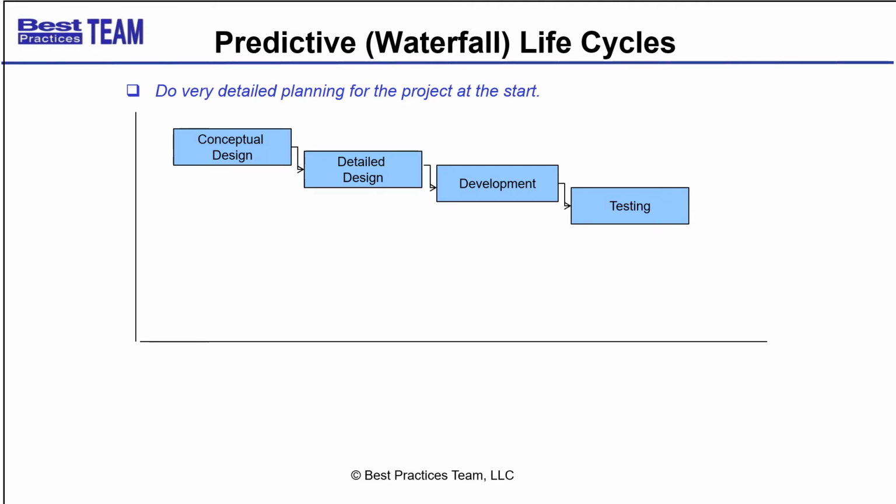And we might spend a month or 2 or 3 months doing that conceptual design, building that functional specification. So we create that document or documents, we get the reviews, we get the approvals, we tie a bow around the functional specification, and we hand that off to the systems analyst doing the detailed design.